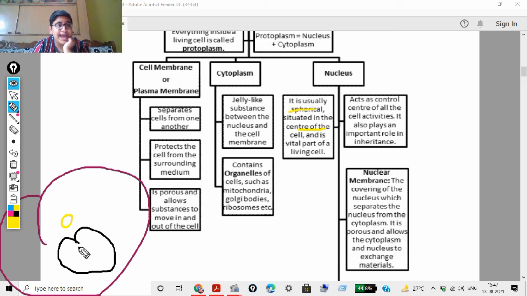The first meaning of vital, which I have learned, is very sensitive, very delicate, very important. It is a very important part of a cell.